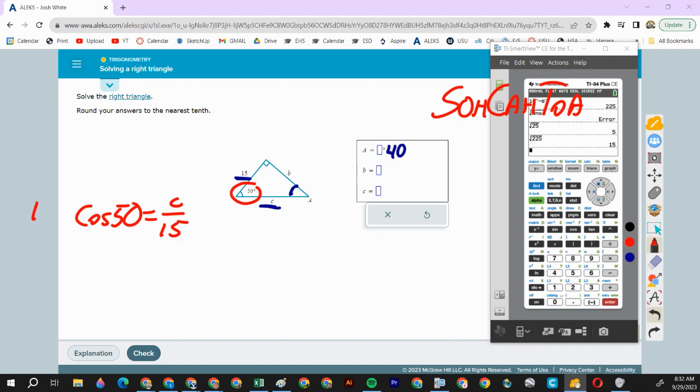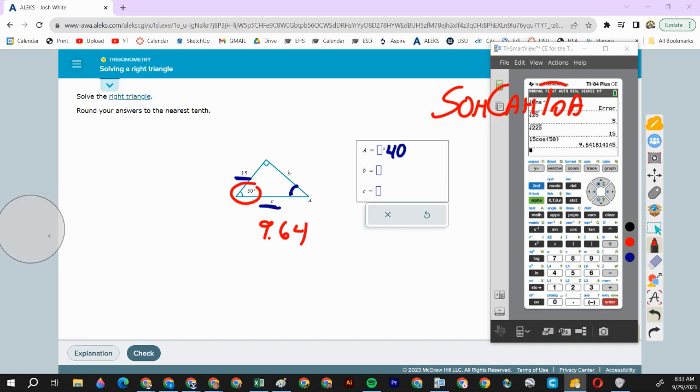Multiply. So the answer is 15 cosine 50. $9.64. Okay. Now I need to find angle B. Here's where I would be a little bit careful. I could do, oh, I did that wrong, didn't I?